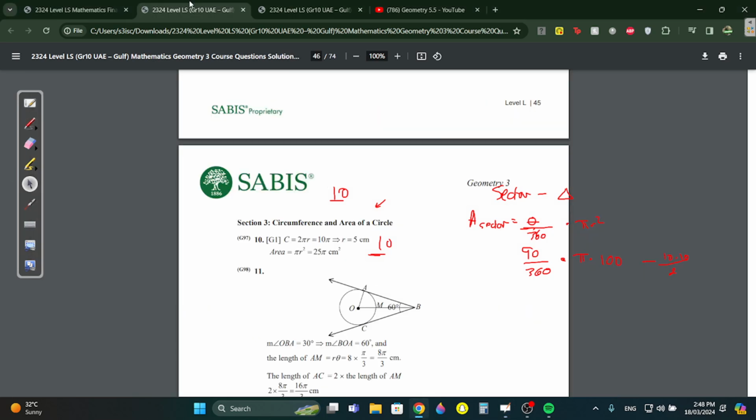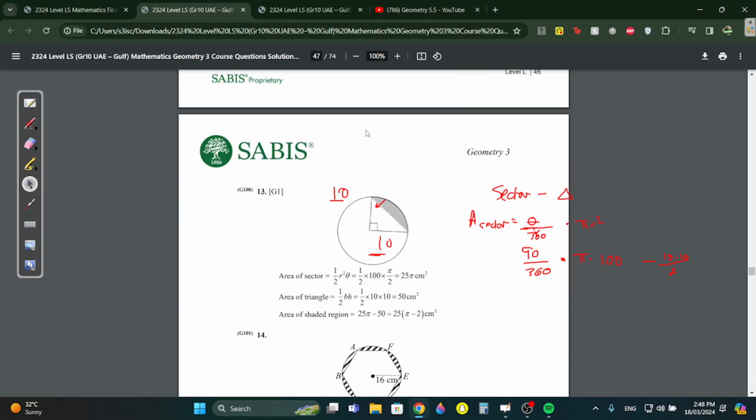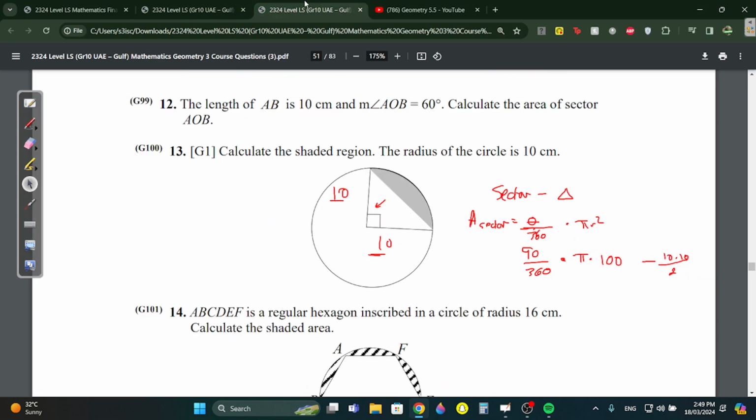I don't know if they want it in terms of pi. Let me see what it gives me on my calculator. 90 over 360 times pi times 100 minus 50. It gives me a decimal on my calculator, so let me simplify it here. 90 over 360 is 1 over 4, times pi times 100, minus 10 times 10 over 2, which is 50. 1 over 4 times 100 is 25, so 25 pi minus 50.